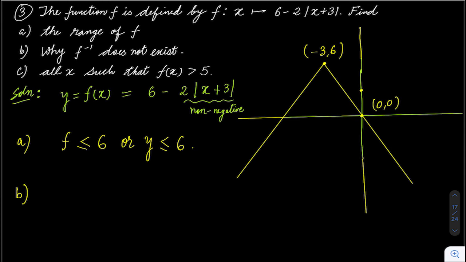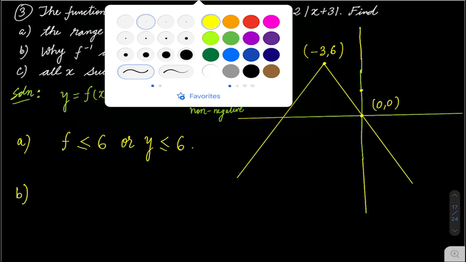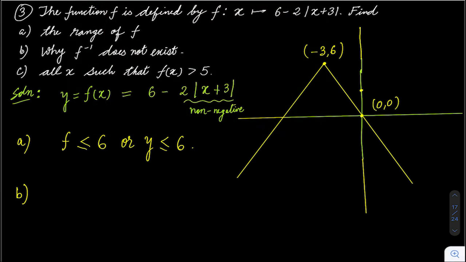B part. Why does f inverse not exist? We know that in A levels we have discussed only one condition. There are actually two conditions. So when f inverse x does not exist, it means the function might be many-one, or many-to-one mapping is there. Many-to-one mapping means you draw a horizontal line, and if it cuts the graph at more than one point, then it's a many-to-one mapping.